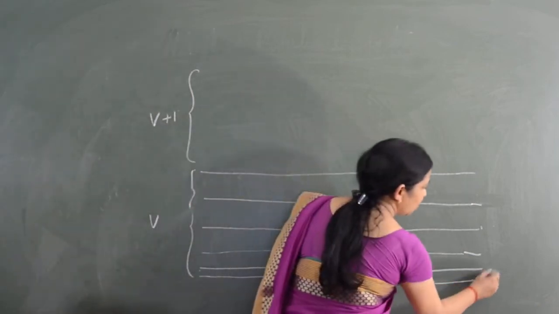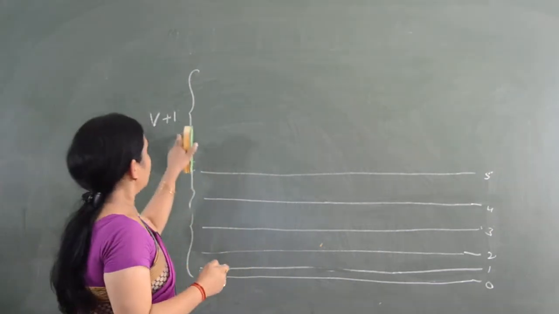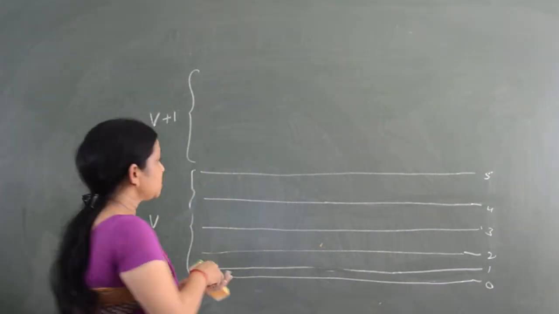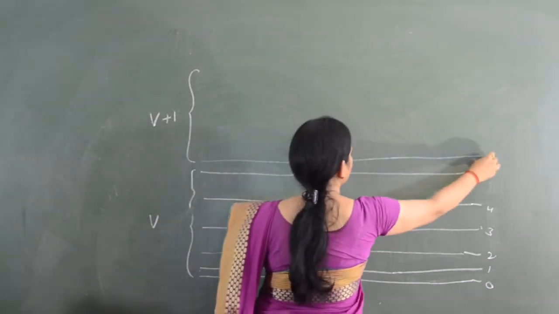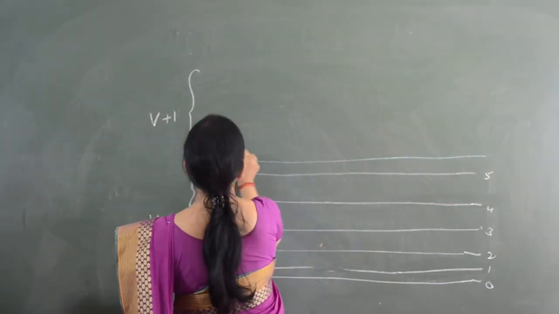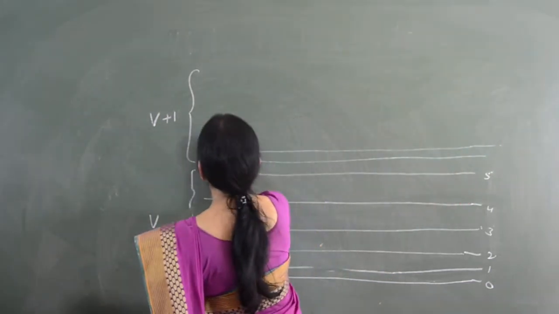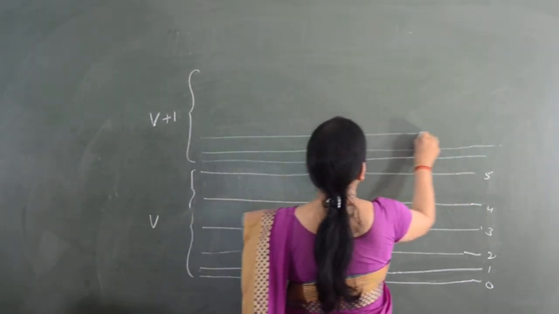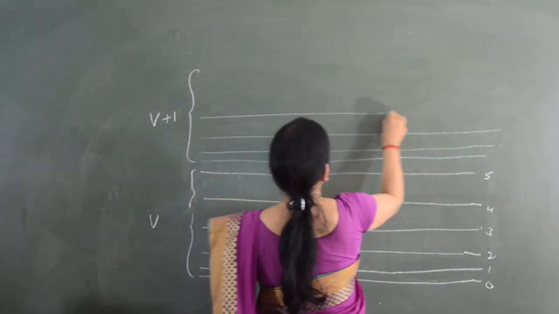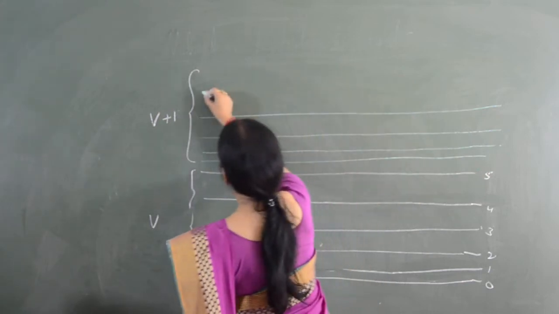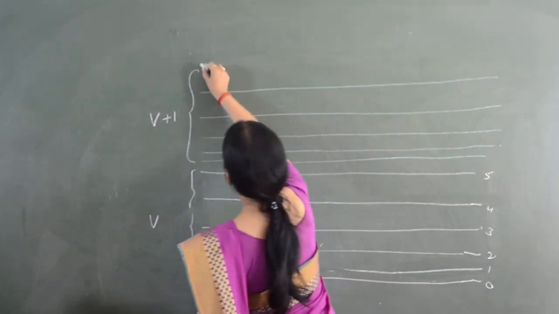So, this is 0, 1, 2, 3, 4, 5, and for rotational energy levels for V plus 1, this is 0, then we have 1, this is 2, 3, 4 and 5.